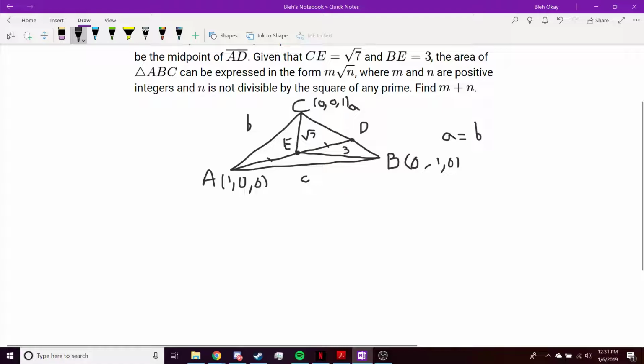D splits BC in between, or sort of into a 1 to 3 ratio, right? So this is a 1, this is a 3.